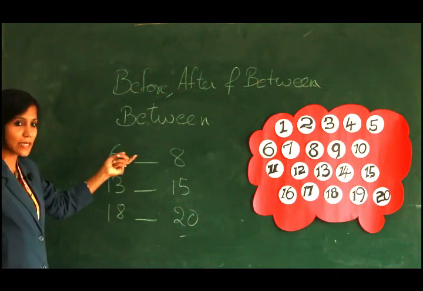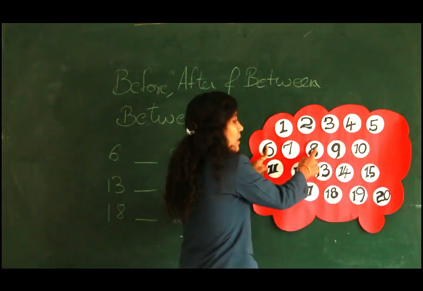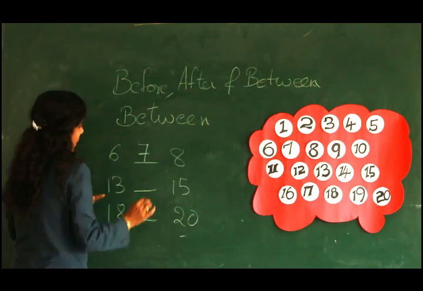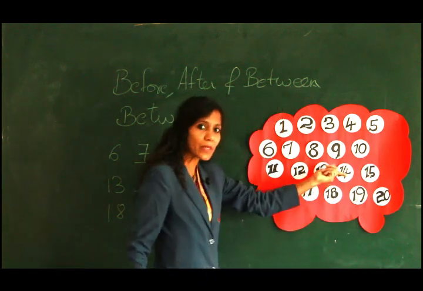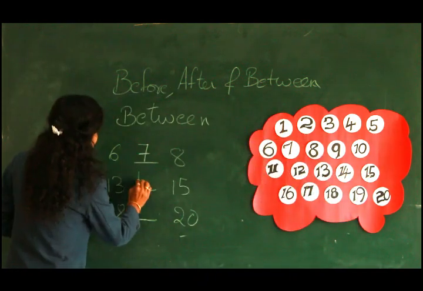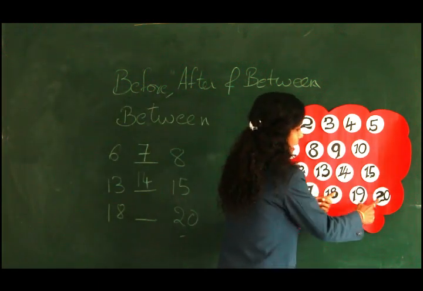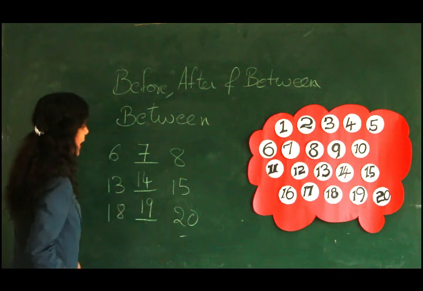Here 6 and 8, the number in between is 7. 13 and 15, the number in between is 14. 18 and 20, the number in between is 19.